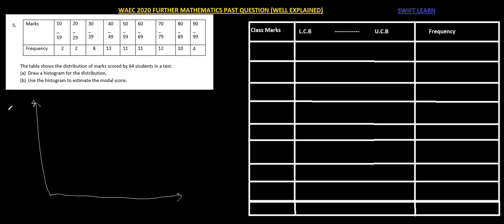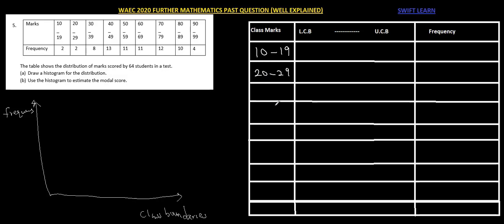A histogram is like a chart, so it has the frequency here, and it has the class boundaries. To get the frequency and the class boundary, we have to first put it in a table in WAEC so as to have our full marks. So just input in your table here 10 to 19, 20 to 29.